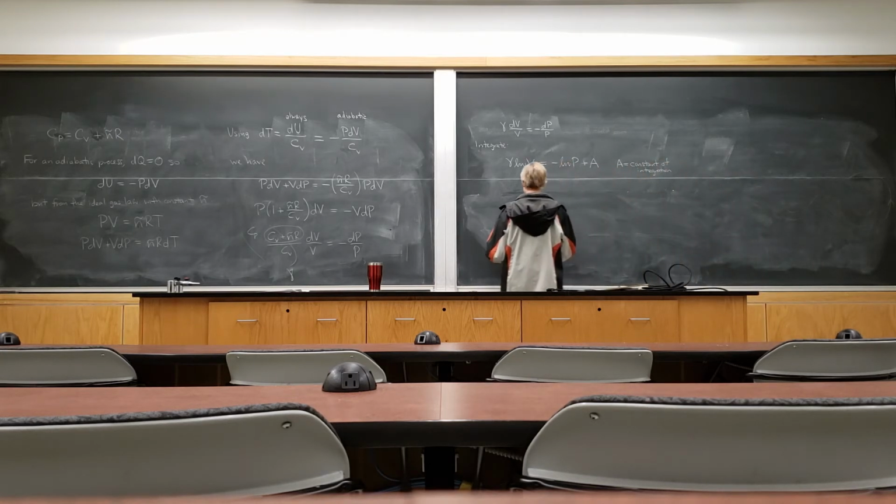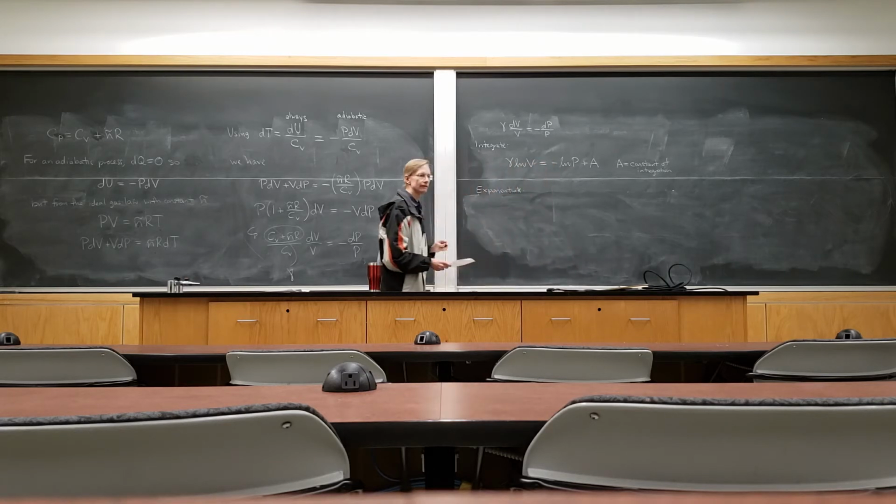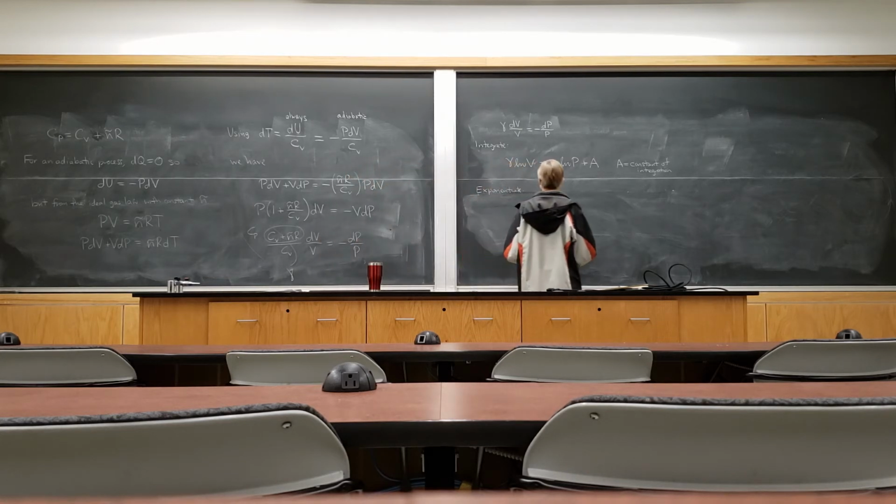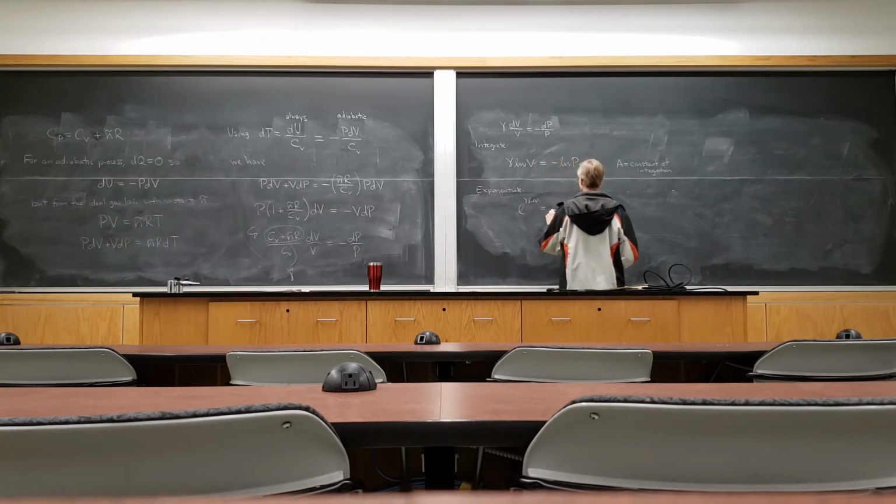So now let's exponentiate. So first we integrate, now we exponentiate. So if I do e to the gamma log V, that's the same thing as e to the log V to the gamma.